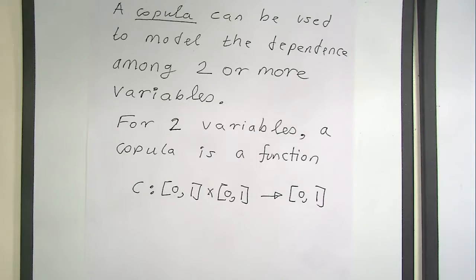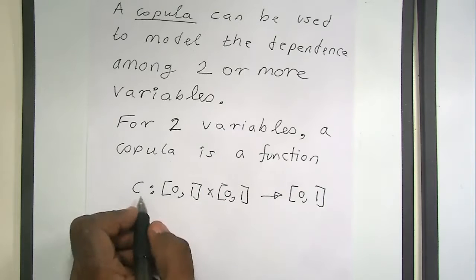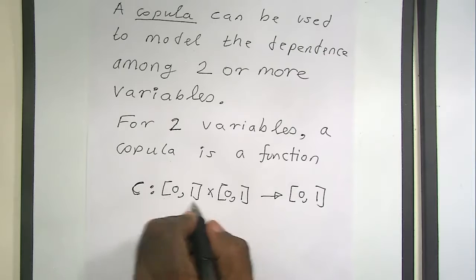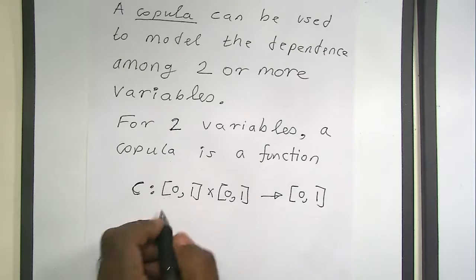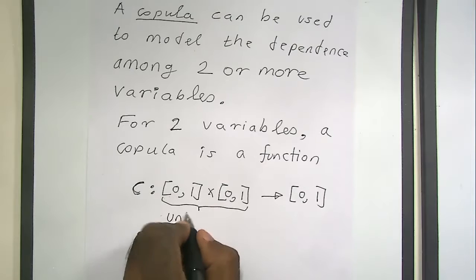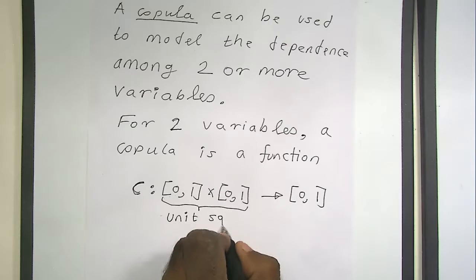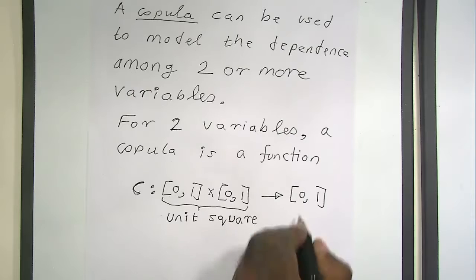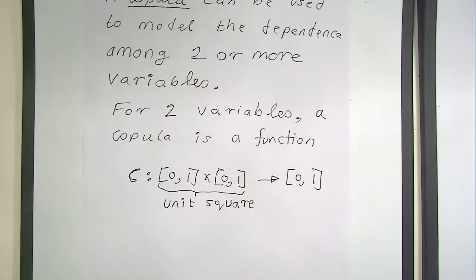when you have two variables, a copula is denoted by C. Capital C is a function from the unit square to a unit interval, right?